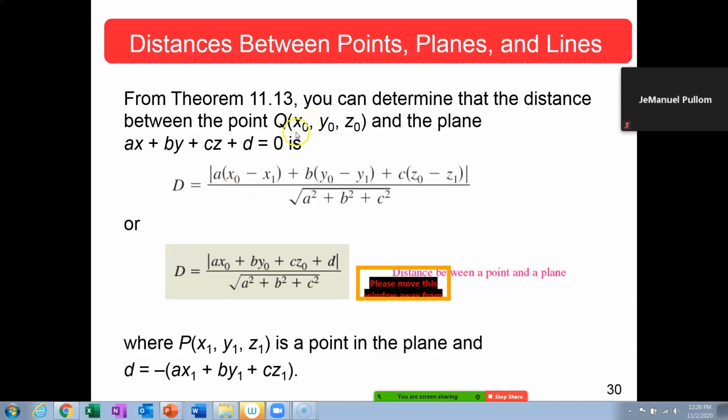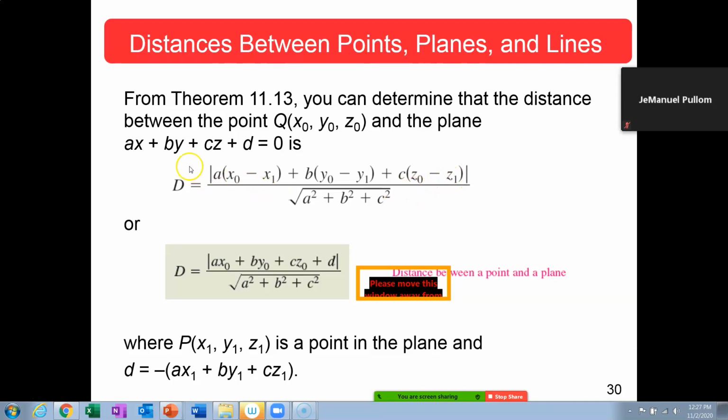We usually do the larger number first and the smaller number second, but because this is PQ and P is x1, y1, z1, these are a little backward seeming, but they're perfectly fine. And what's even more fine is the fact that it's an absolute value, so it doesn't really matter which order you do them.